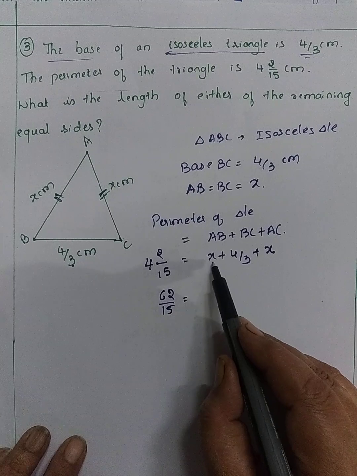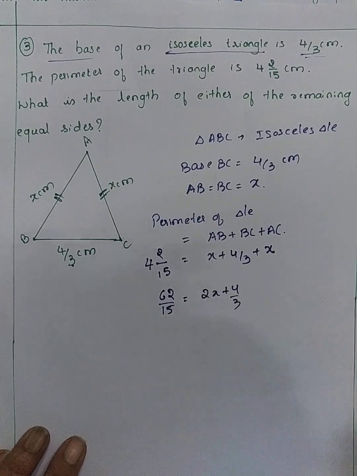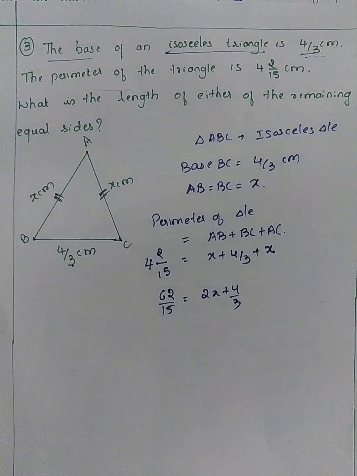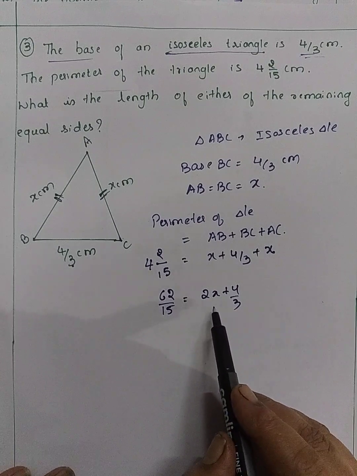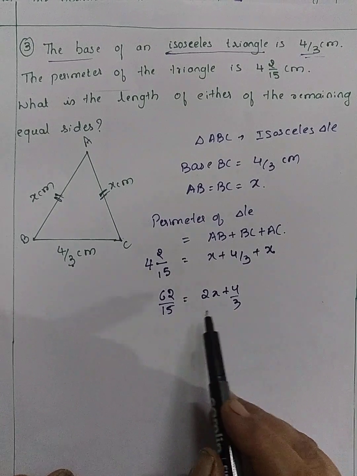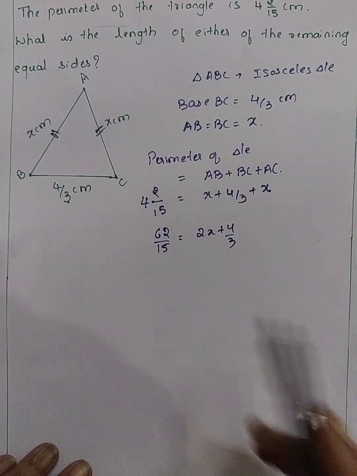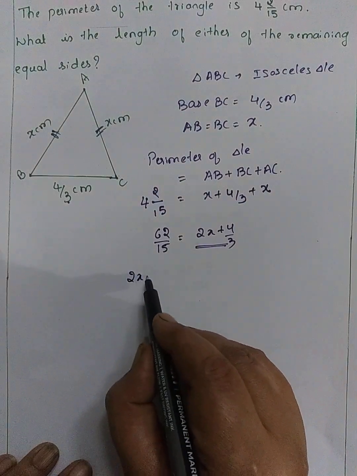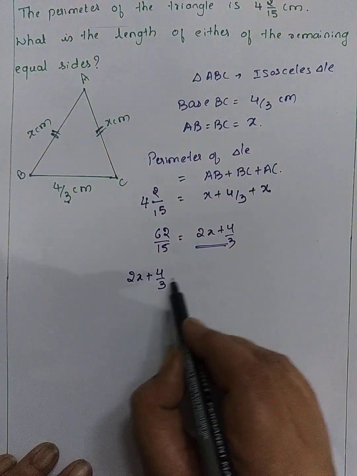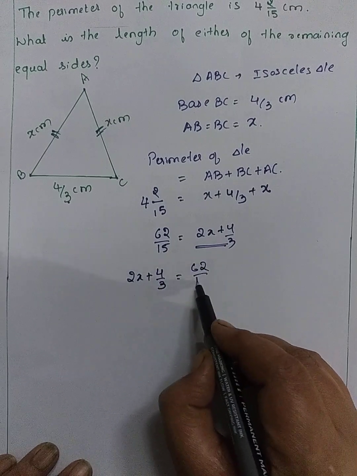In the RHS, x plus x is 2x plus 4 by 3. Where is the variable here? It is in the RHS, so just interchange it, then it will be easy to solve. So write the two terms in the LHS, that is 2x plus 4 by 3 equal to 62 by 15.